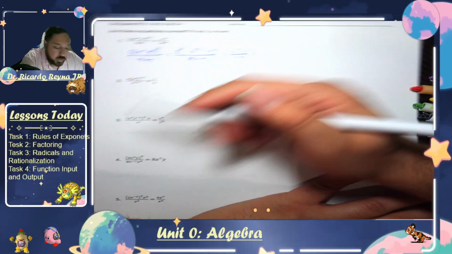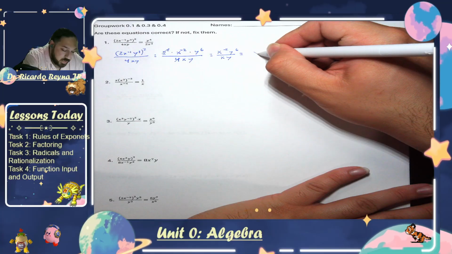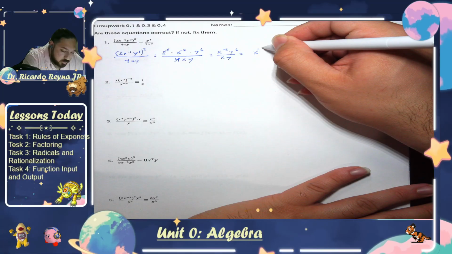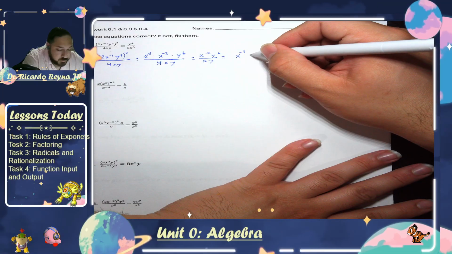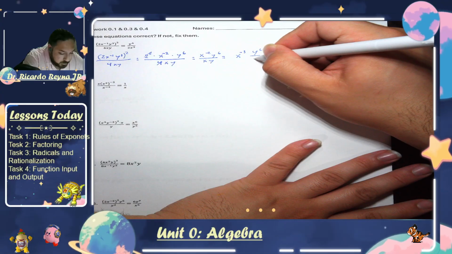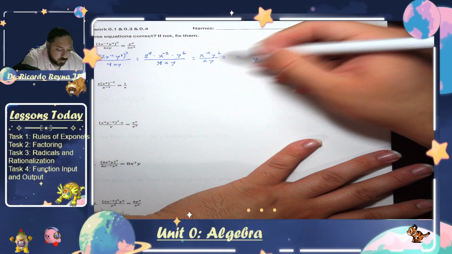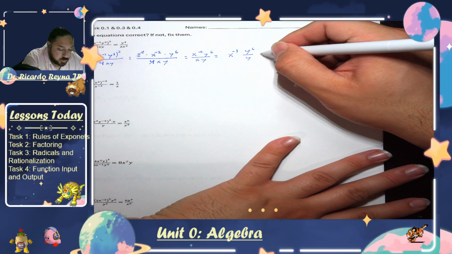Let's go alphabetical order. Let's try to simplify the x's. So this becomes x to the negative, what is that, 3? Since that is negative 2 minus 1, which is negative 3. And then that can just go into the bottom.